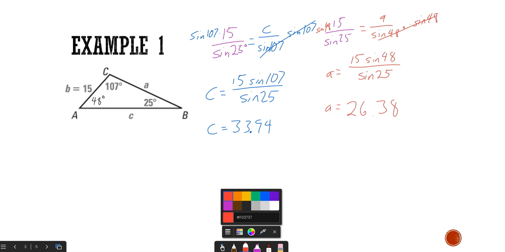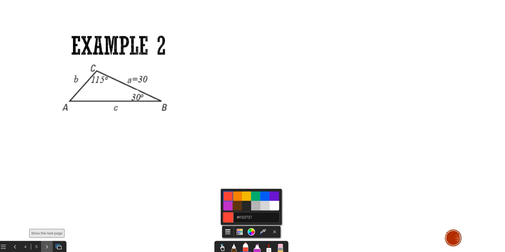All right, let's look at example 2. In this case, we have two angles and the side in between, but we don't have anything across from each other, so it's kind of hard to set up that proportion. But since we have two angles, we can add 115 to 30 to get 145, and then subtract that from 180 to get this missing angle A to be 35 degrees.